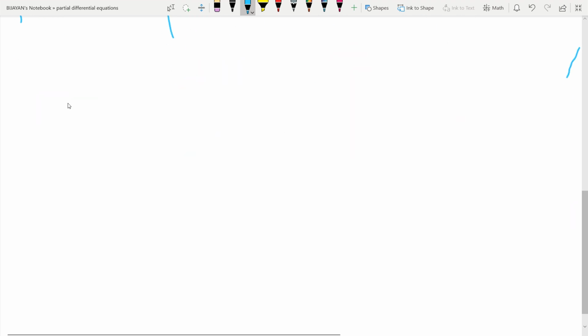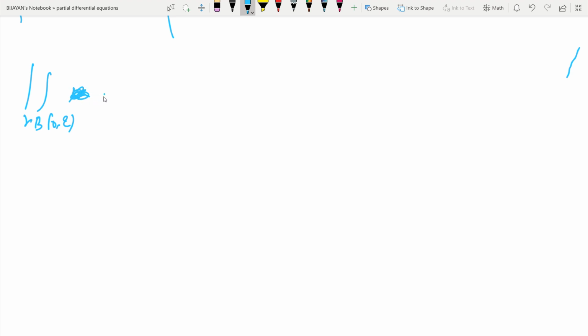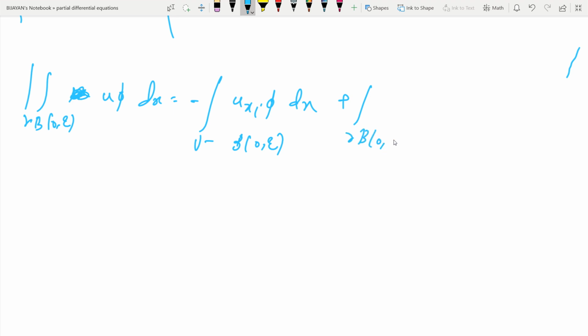Now, consider this integral over the boundary. The integral of u phi_{x_i} dx equals minus the integral of u_{x_i} phi dx plus the boundary integral of u phi nu^i dS.